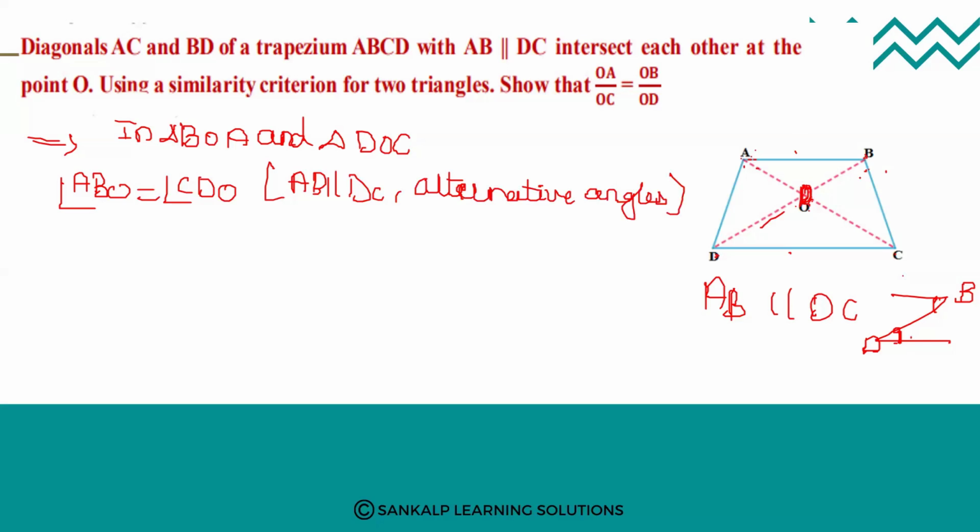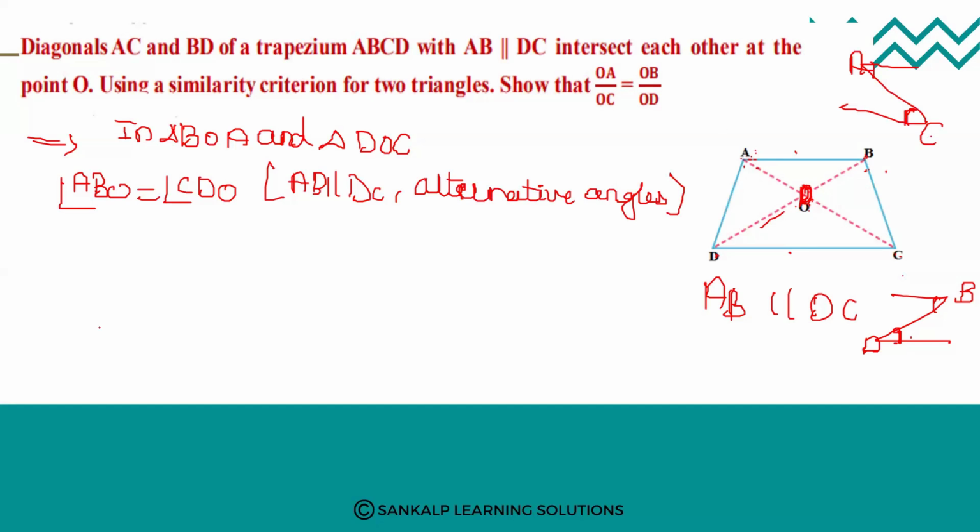Next, only these two are alternate angles? No, C and A are also alternate angles. If you observe carefully, BACD ಅನ್ನ observe ಮಾಡಿದ್ರೆ ಇದು ಕೂಡ ನಿಮಗೆ Z shape ಅಲ್ಲಿನೇ ಬರುತ್ತೆ. So A is here, C is here. Therefore, A and C are equal because these two are alternate angles, right?